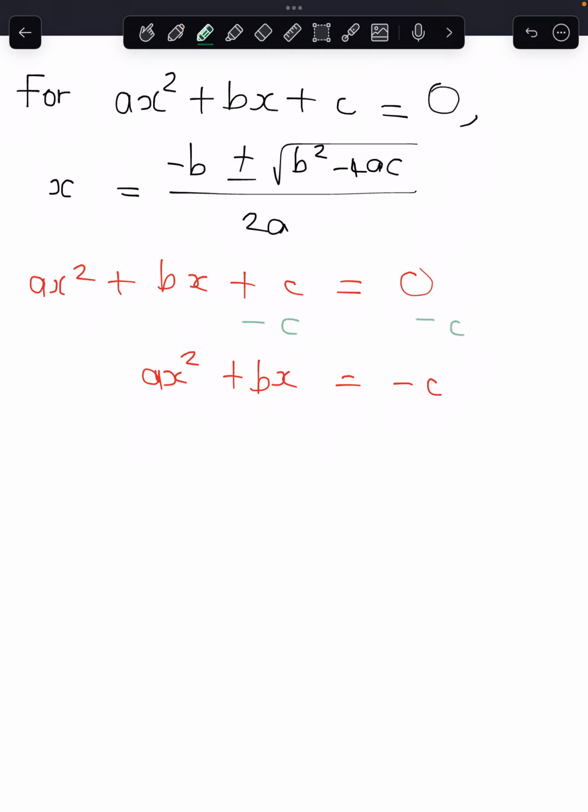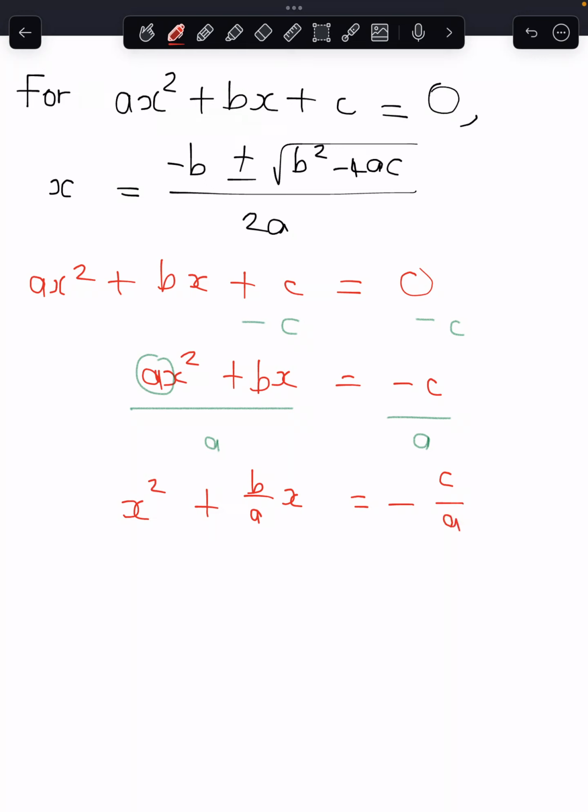Then the next thing we need to do is to get rid of this a so that we just have 1x squared, right? So to get rid of that a, we will divide by a. So now we have x squared plus b over a x is equal to negative c over a.